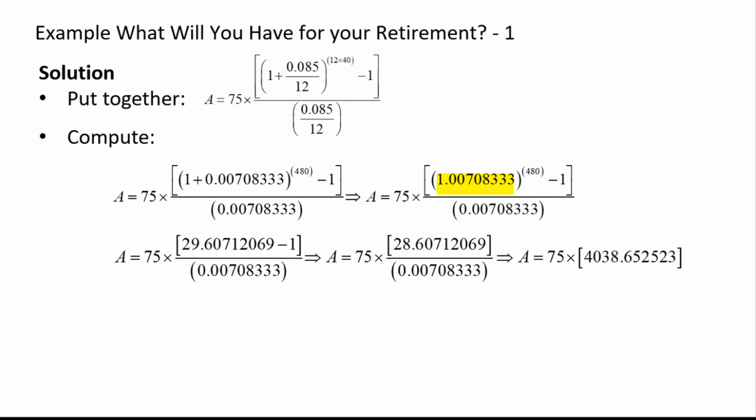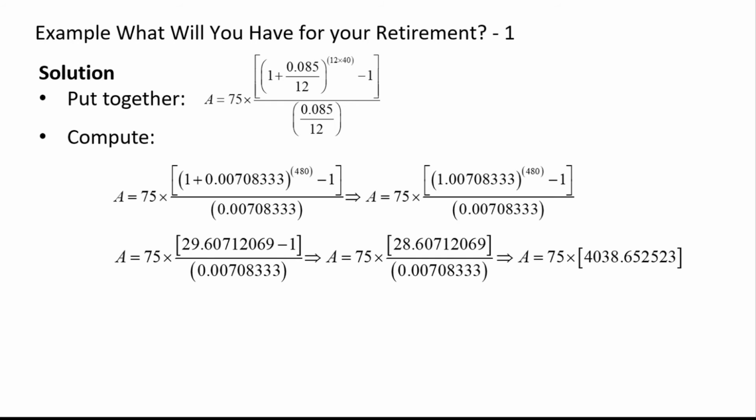add 1 and the decimal. So that's 1.00708333 raised to the power of 480, and that quantity minus 1, and the denominator goes unchanged, so it's still 0.00708333. Let's continue to simplify. A equals 75 times.